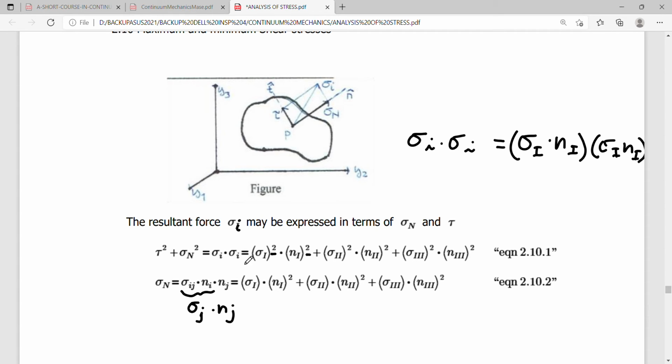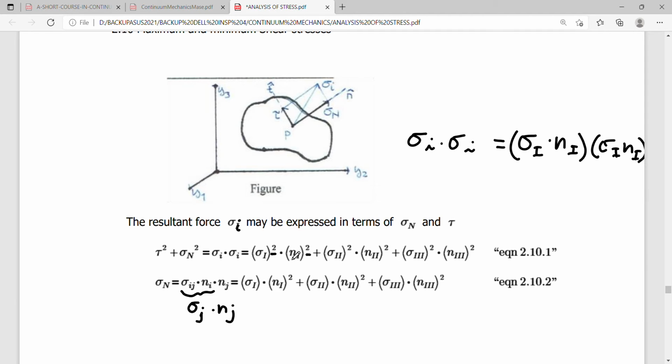So in short class, we're just trying to compare or make a relationship between the general stress tensor with that of the stresses oriented on the principal axis.